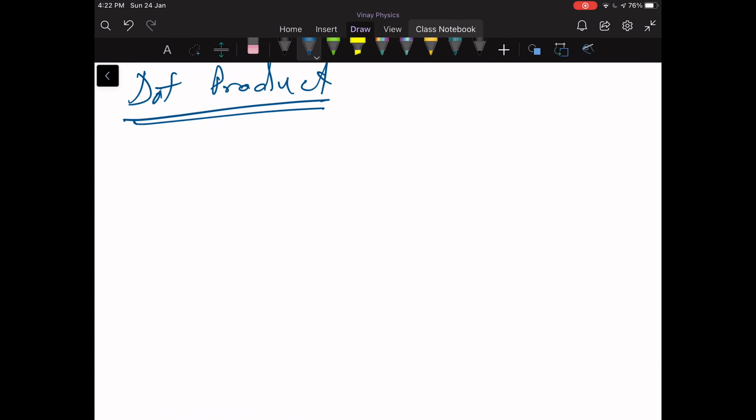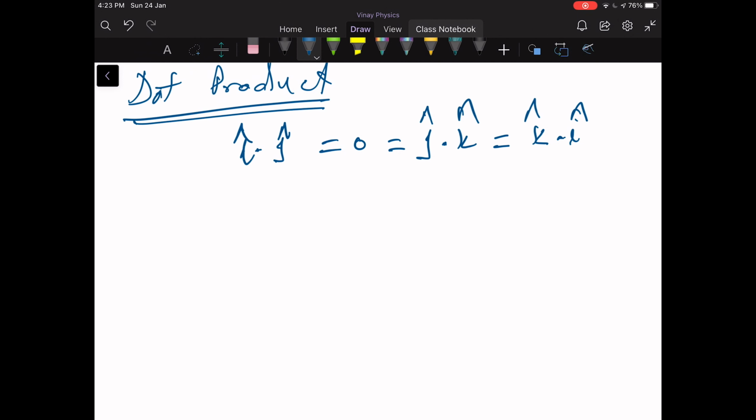So, for example, the dot product of unit vectors i and j will be 0, j dot k will also be 0, and k dot i will also be 0. So, the dot product across two perpendicular vectors is going to be 0. That is one important thing to understand.